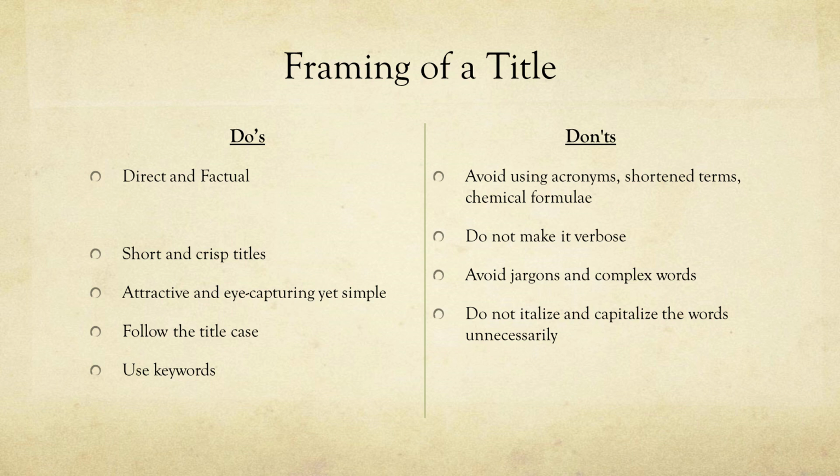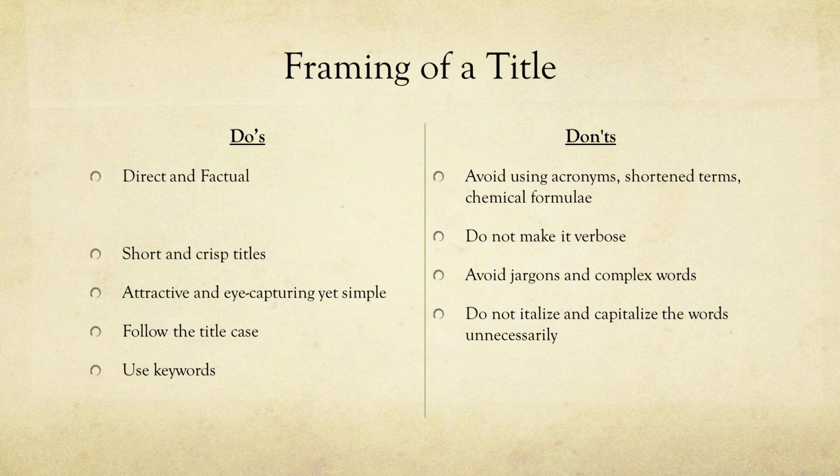Follow the title case whenever you're writing a title. Use the keywords that you think are relevant in your interest area. So the keywords may be, if you take the same example, if you want to know the relationship between job performance and environment, the keywords will be job performance or the work environment or the parameters of job performance. Use these technical keywords.